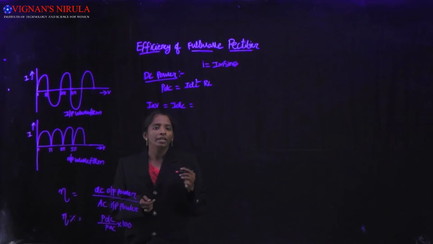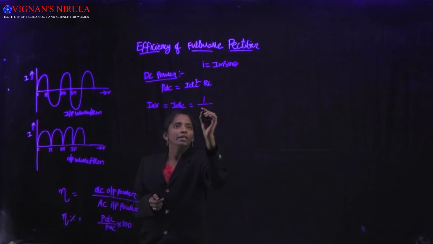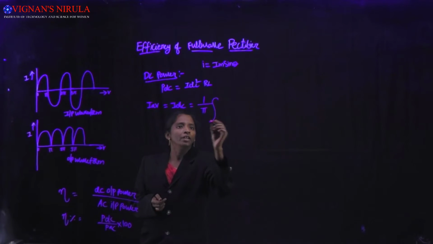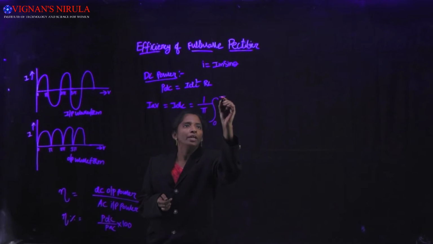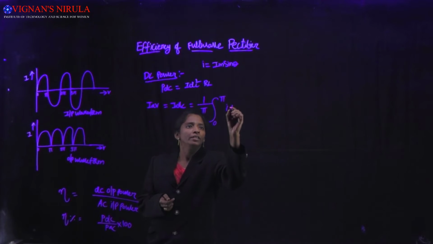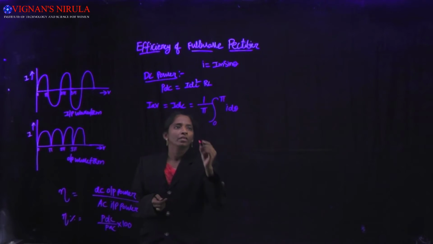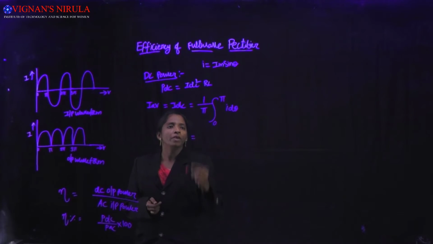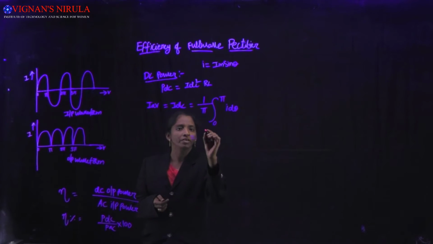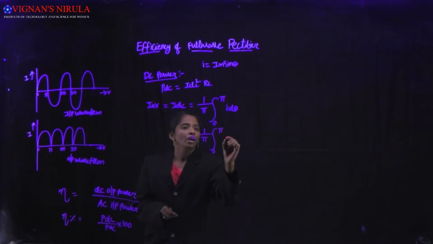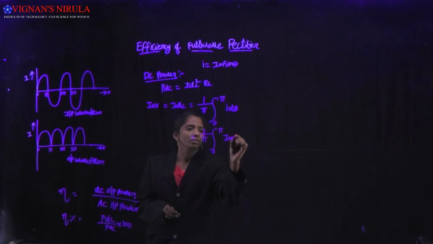To calculate IDC or average, 1 by pi integral 0 to pi I d theta. Now substitute the value of I in the above equation: 1 by pi integral 0 to pi Im sin theta d theta.